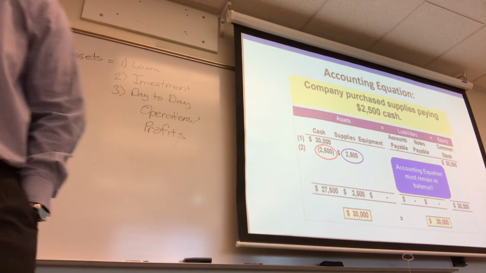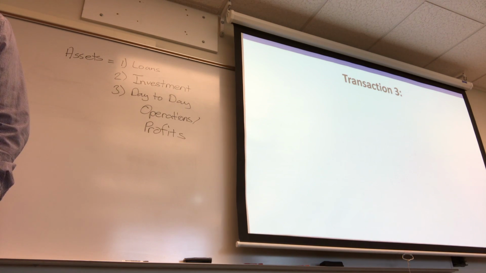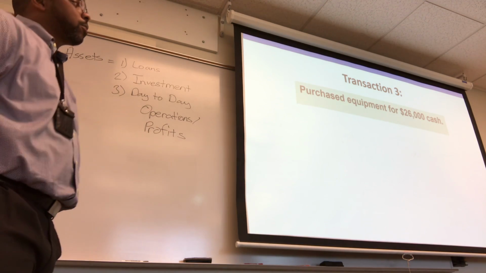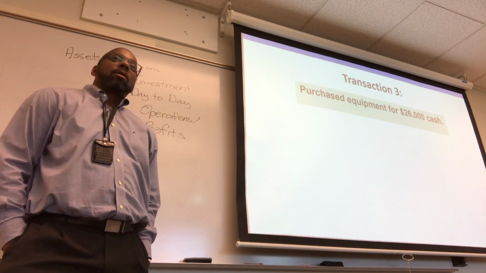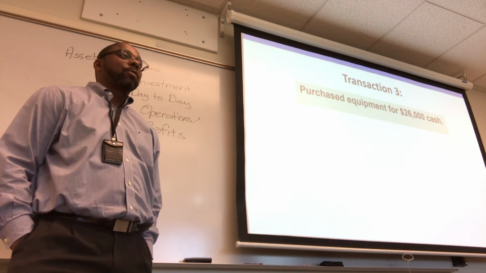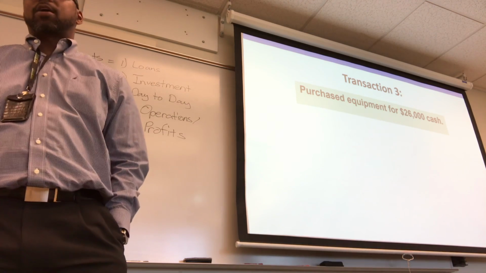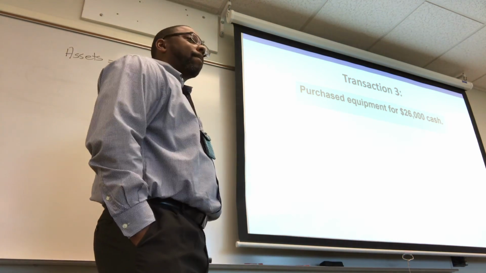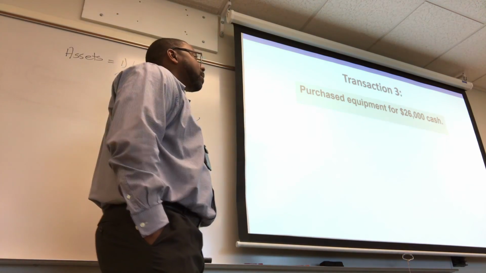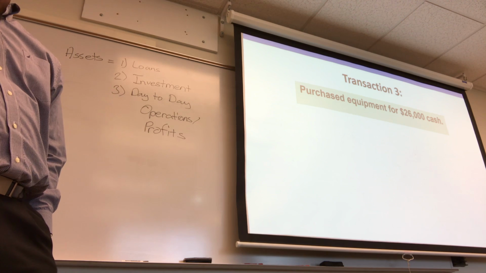Next, the next transaction we'll do is the company purchased equipment for $26,000 in cash. Did cash increase or decrease in the company? Decrease, right? What type of account is cash? Asset. And what do they use the cash for? Equipment, right? And equipment is what type of account?